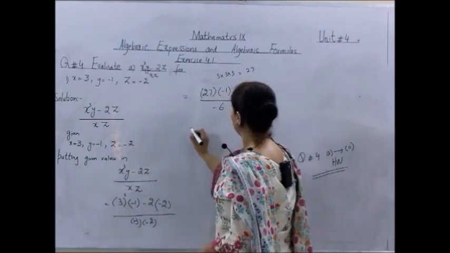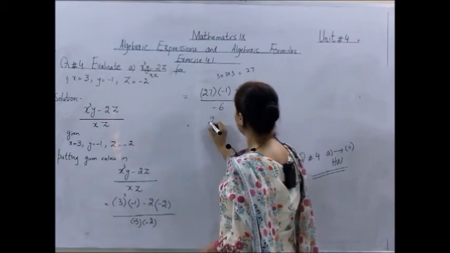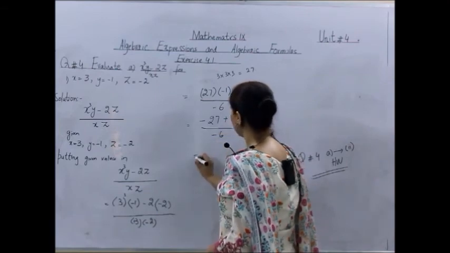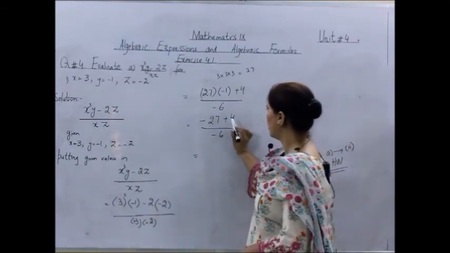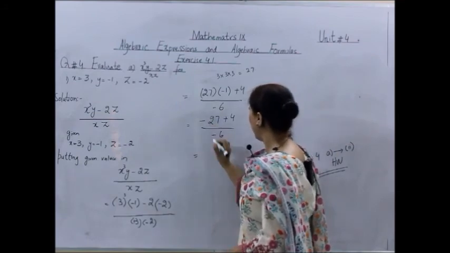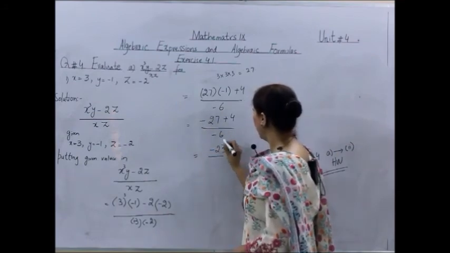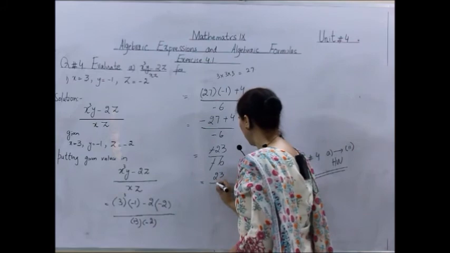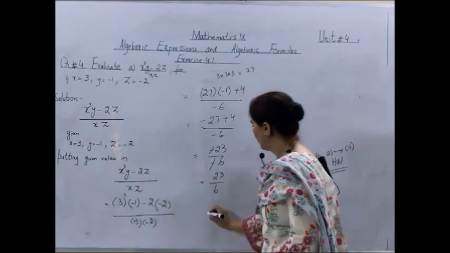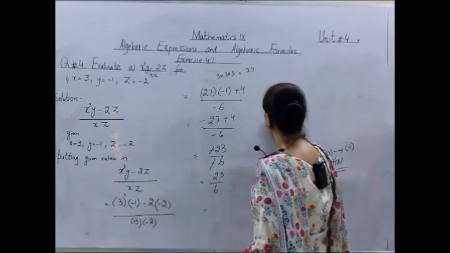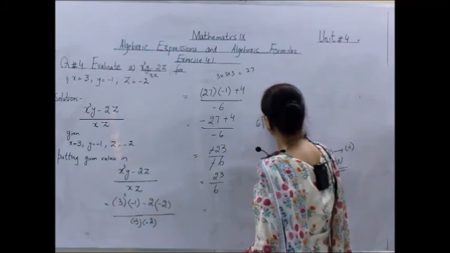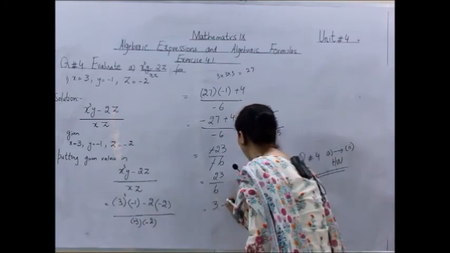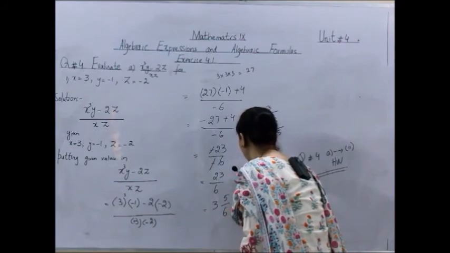Again 27 ones are 27 with a minus sign, plus 4, divided by minus 6. 27 minus 4 is 23, and you take the sign of the greater number, negative, with it. Minus 6, minus will cancel out with minus, and you will get 23 by 6, which can be further solved. It will become 3 whole number 5 by 6 as your answer.